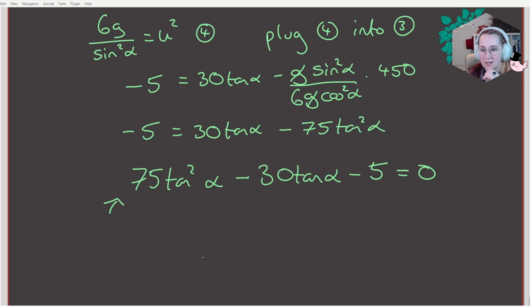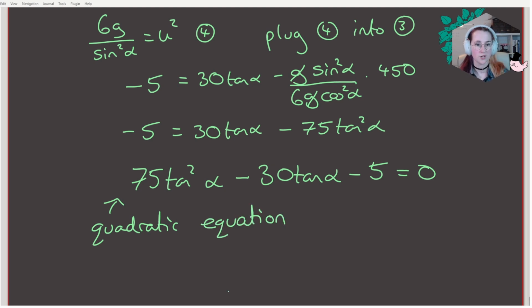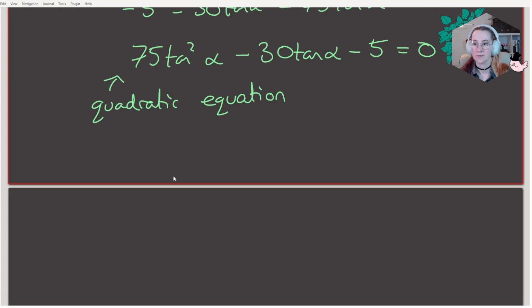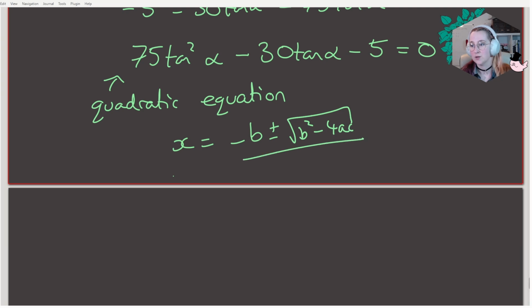So this is just a quadratic equation, which we can solve, and we could use the minus b plus or minus square root b squared minus 4ac all over 2a for ax squared plus bx plus c equals 0.